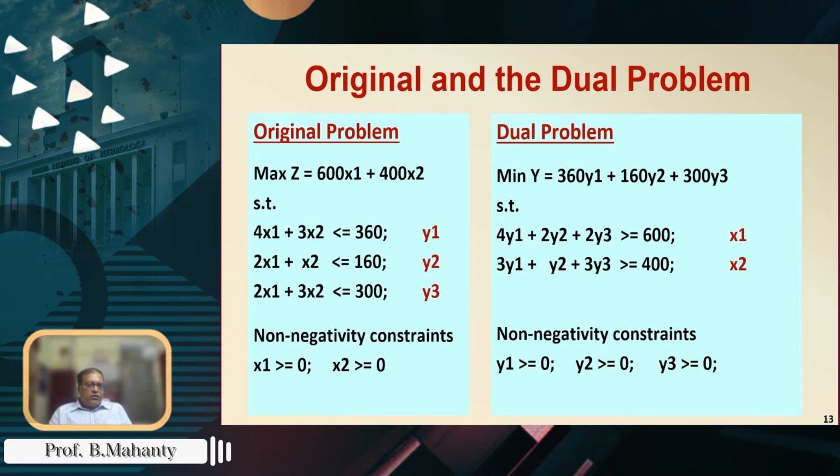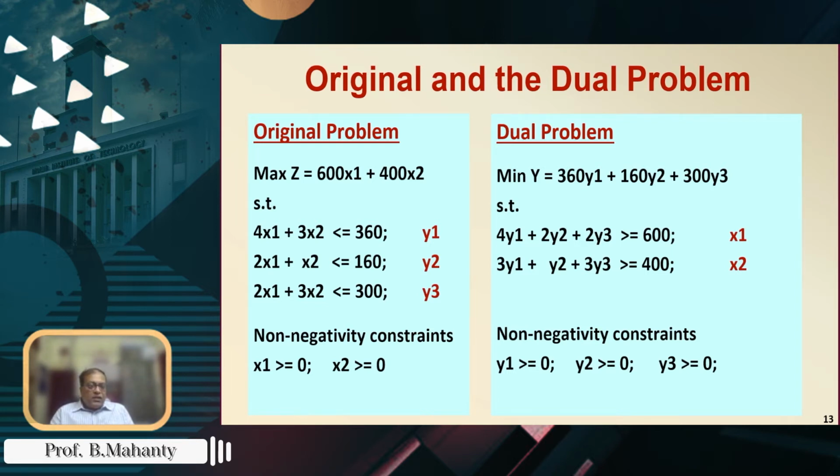So we get 4y1 plus 2y2 plus 2y3 greater than or equal to 600. And for x2, 3y1 plus y2 plus 3y3 greater than or equal to 400. Now the question is, how do we know that it is greater than or equal to?